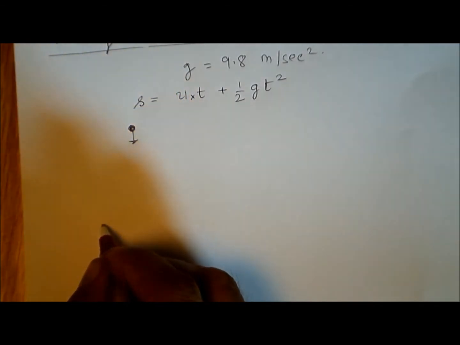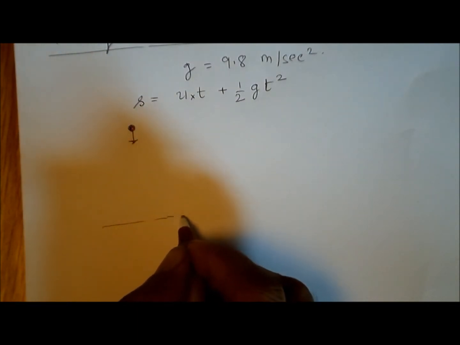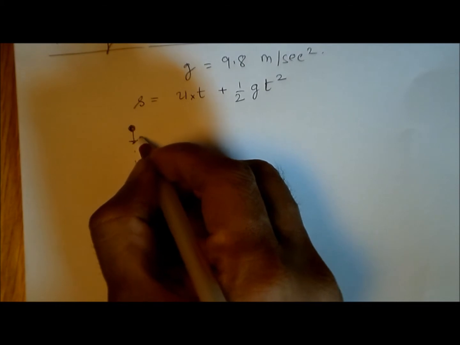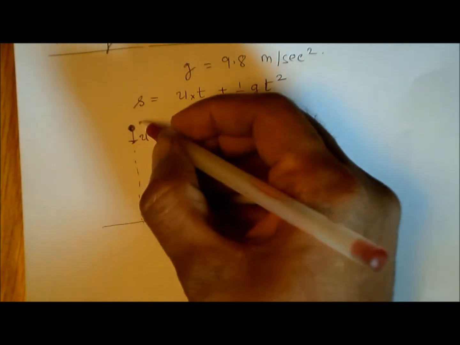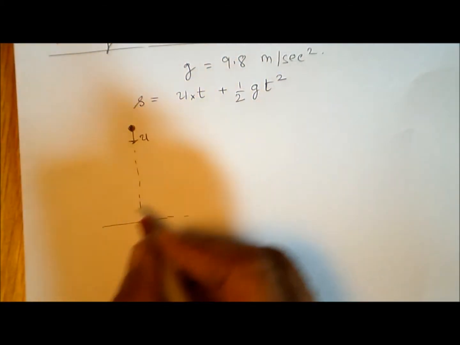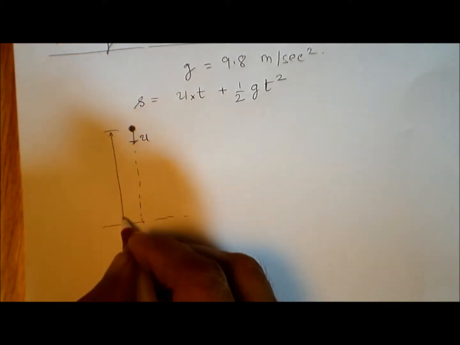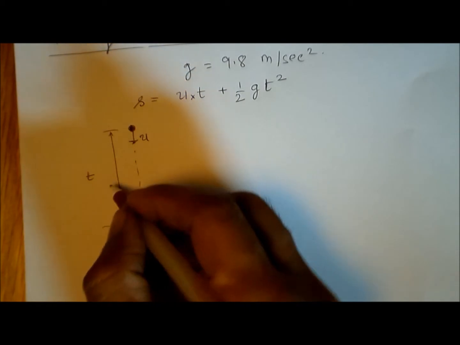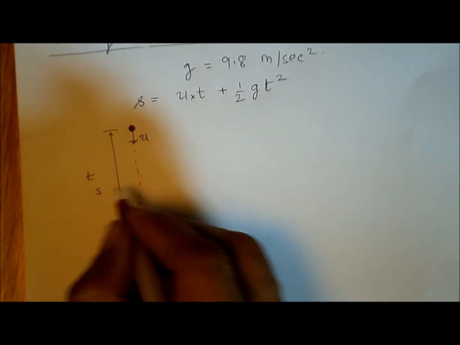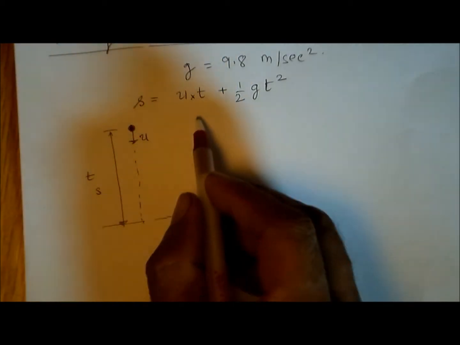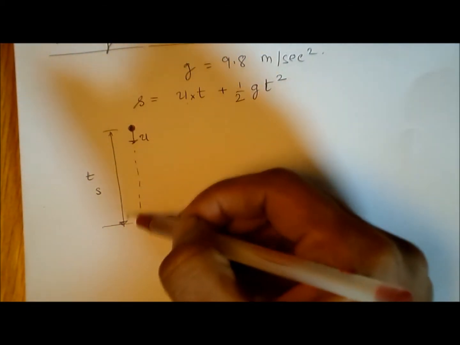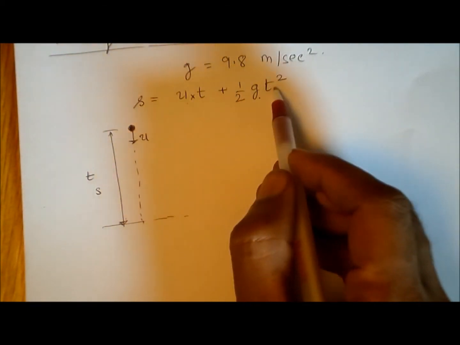If it's falling towards the ground due to the earth's gravity, released with an initial speed u, and it takes time t to fall all the way to the ground, and the distance covered in this duration is s, then s is given by u, the initial velocity, multiplied by the time it takes to fall, plus half gt square.